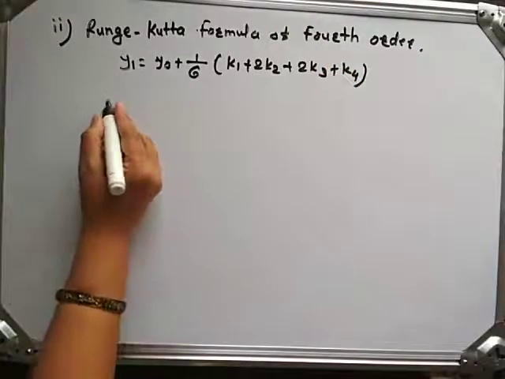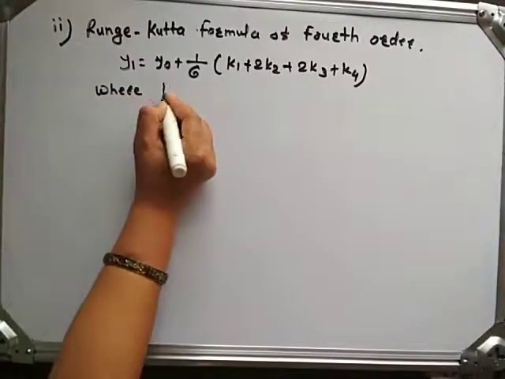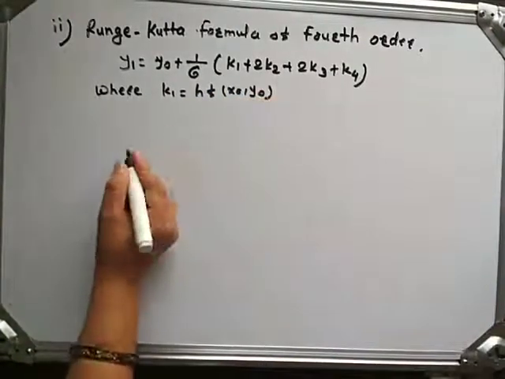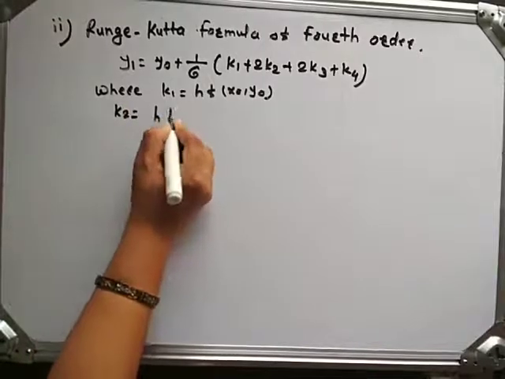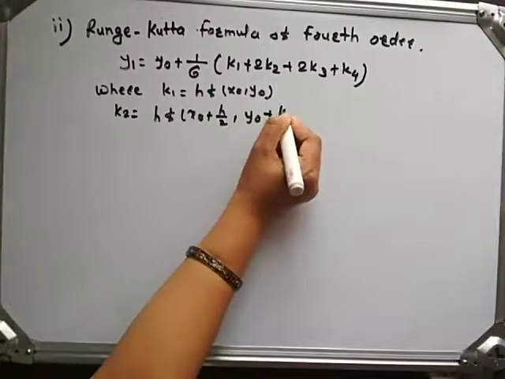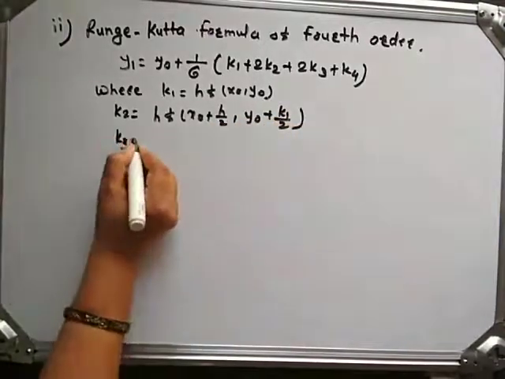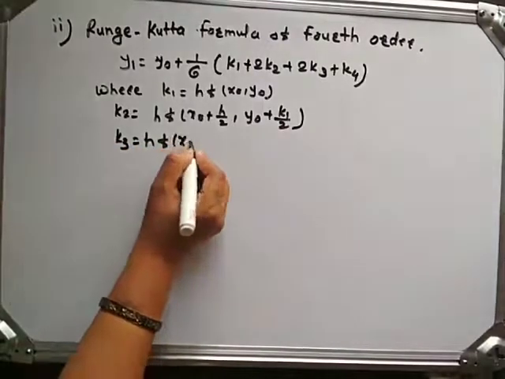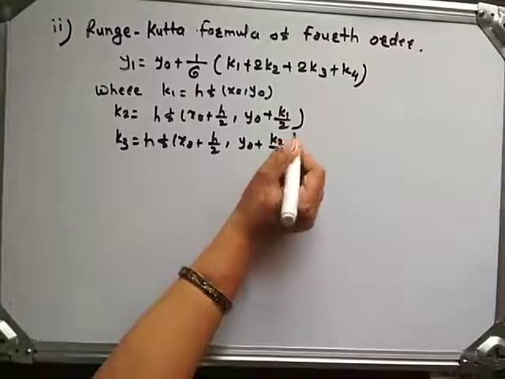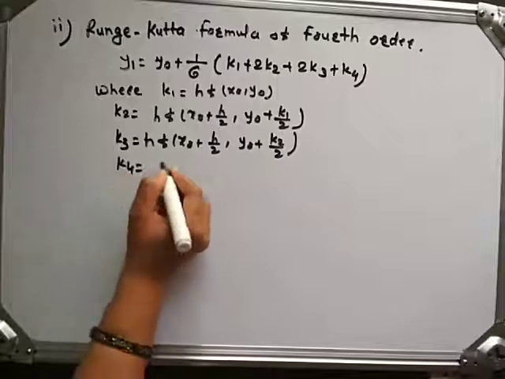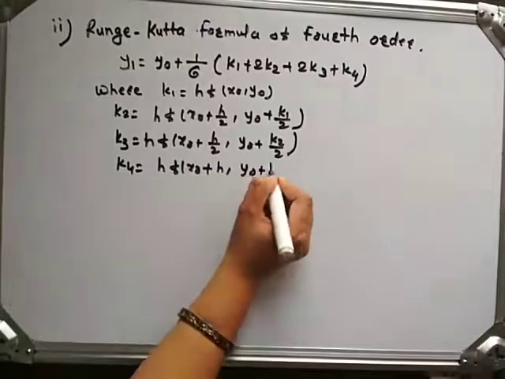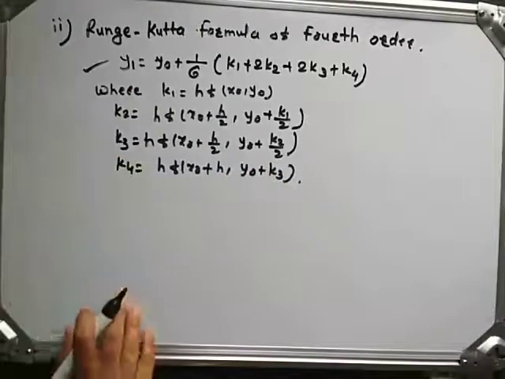Where k1 is nothing but h into f of (x0, y0). k2 is h into f of (x0 plus h by 2, y0 plus k1 upon 2). k3 is h into f of (x0 plus h by 2, y0 plus k2 upon 2), and k4 is h into f of (x0 plus h, y0 plus k3). Okay, this is the formula of the Runge-Kutta method.